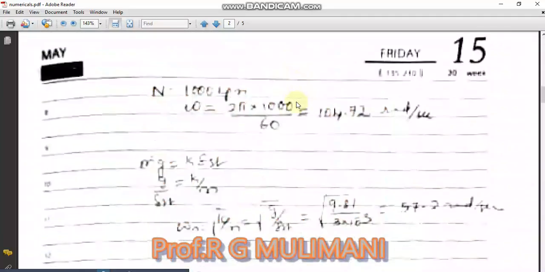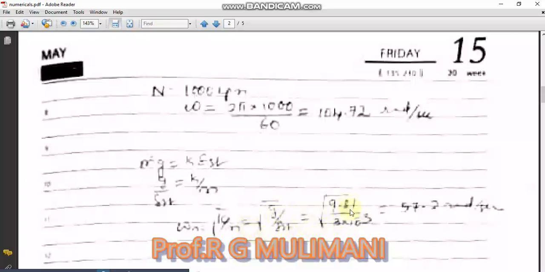So mg is equal to k delta st. Okay, when there is no vibration, when it is only loaded with this static force, then the forces developed are mg and k delta st, and these are equal. So where m is total mass, g is gravitational constant 9.81, k is spring stiffness, and delta st is static deflection. Okay, by this relation we can find that k by m is also equal to g by delta st. So omega n equal to square root of k by m. You just replace this k by m with g by delta st, where delta st is the static deflection and g is 9.81.